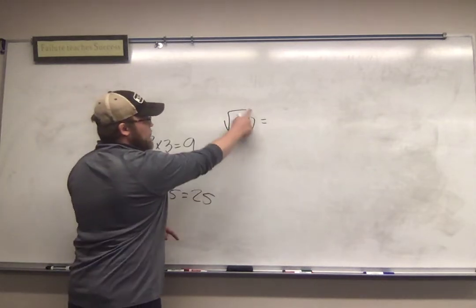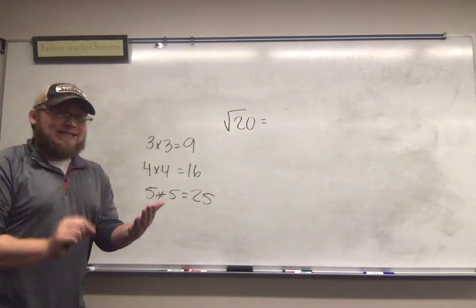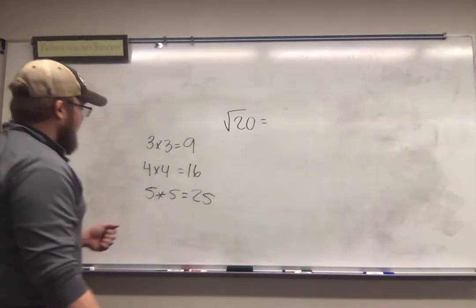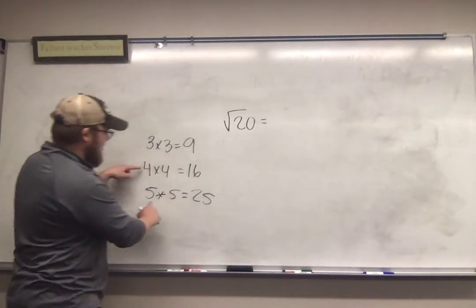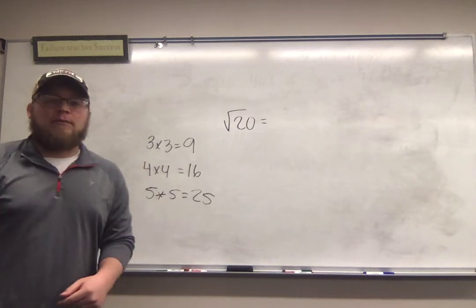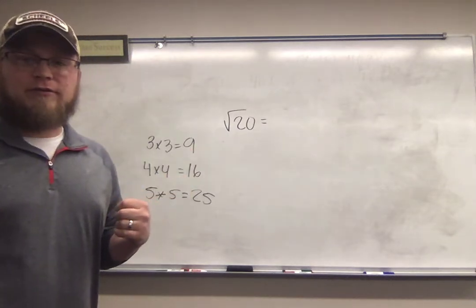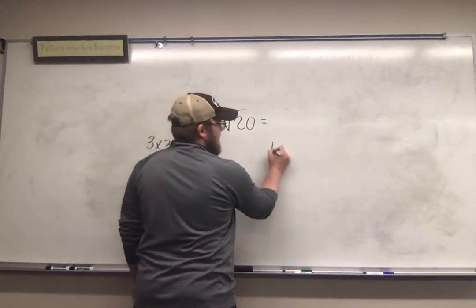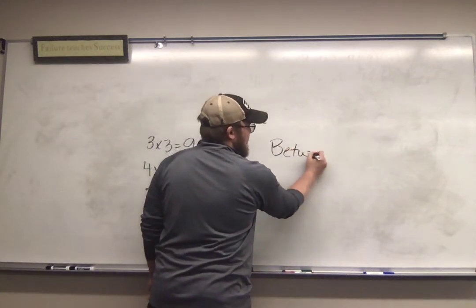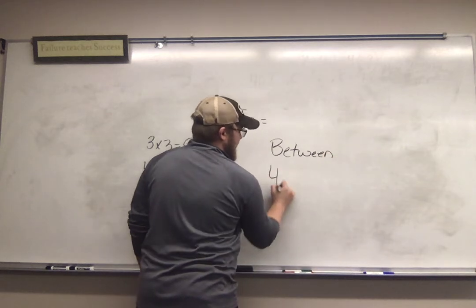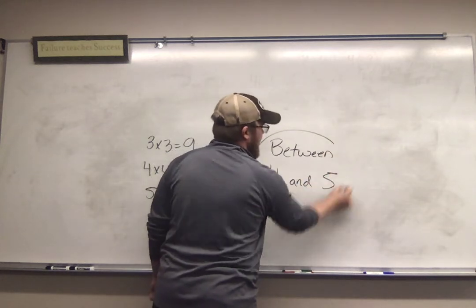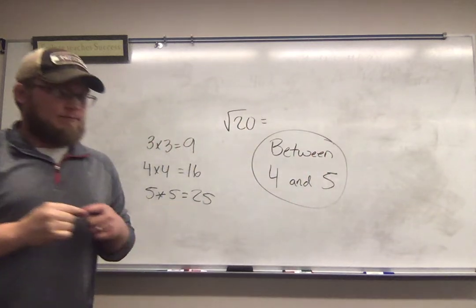The square root of 20, if we were to type it in on a calculator and get an exact decimal answer, it's going to line up somewhere between the whole numbers of 4 and 5. Okay, so the answer for this is between 4, and 5. Okay?